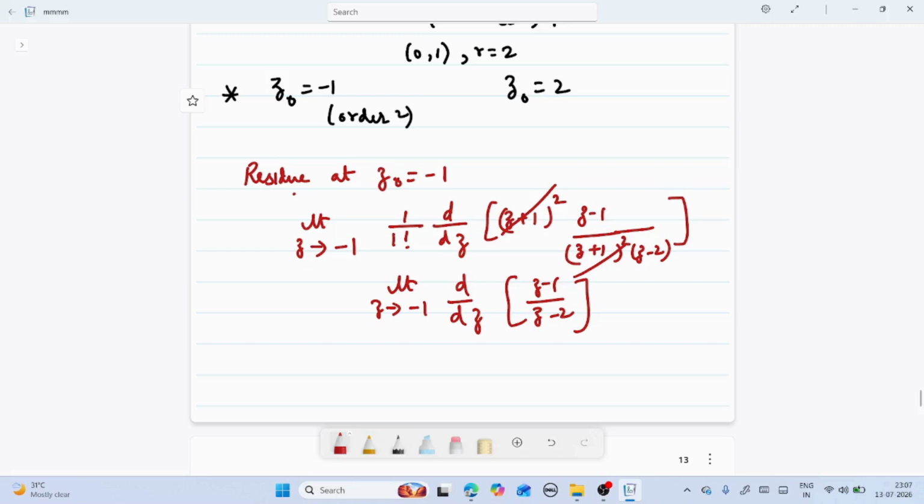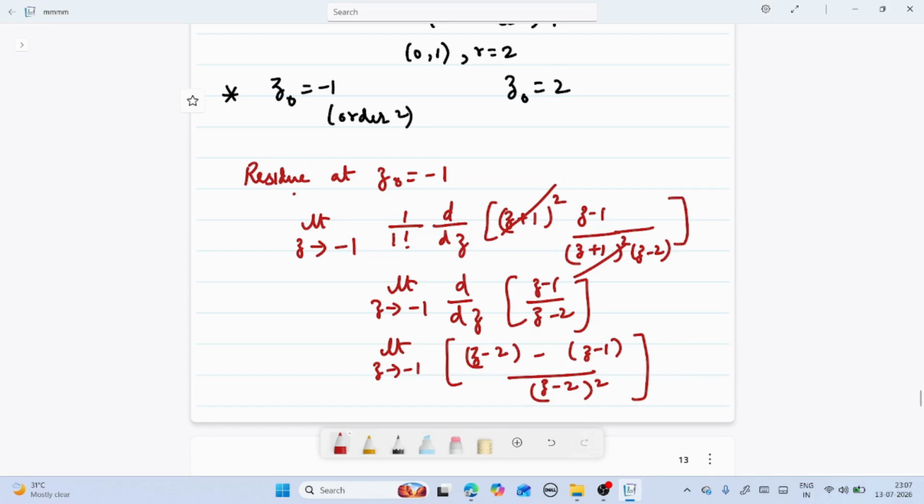Differentiate this. You can use the quotient rule. So you will have limit z tending to minus 1, (z minus 2 minus z plus 1) by (z minus 2) the whole square. Just apply the quotient rule here. So now you apply the limit z tending to minus 1.